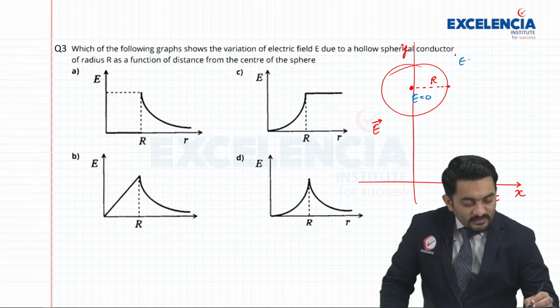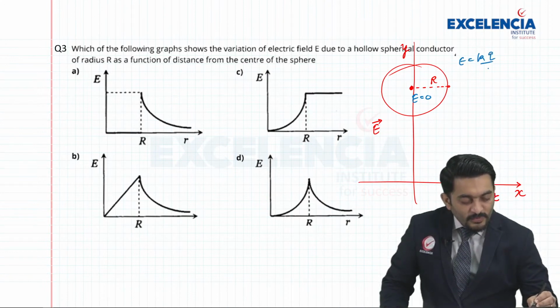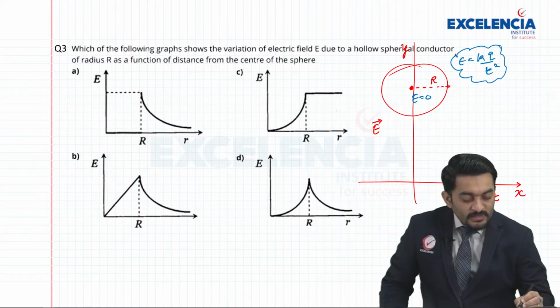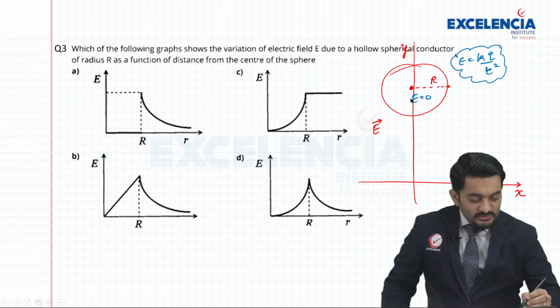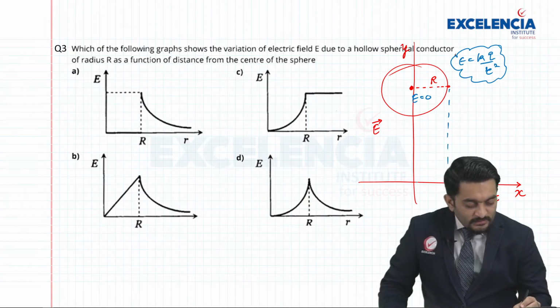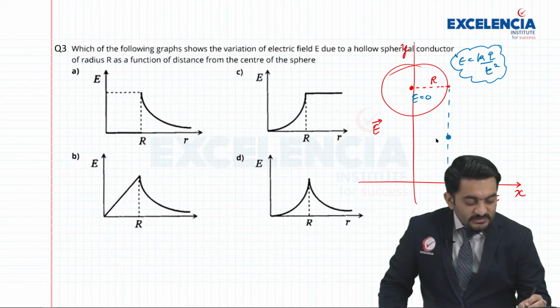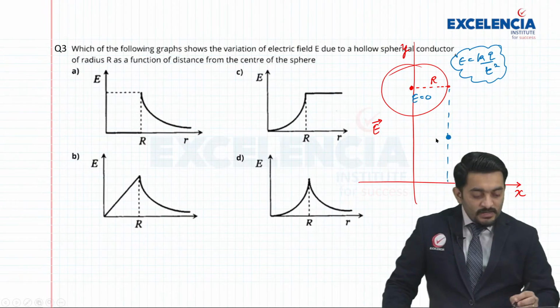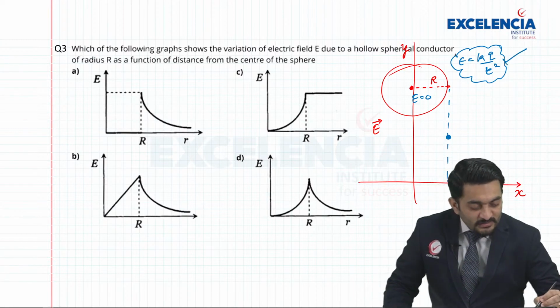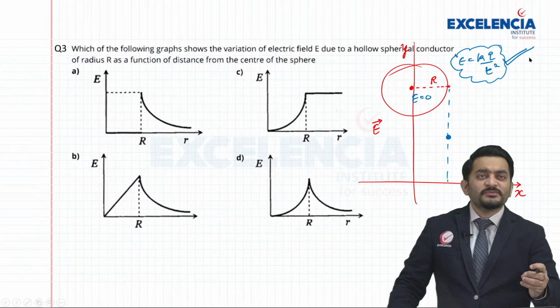The formula for electric field is kq by r square, so inside it is not possible. That means until you reach this particular value, which is the surface of the sphere, at this point your electric field is going to be maximum, because this is how it has been derived.